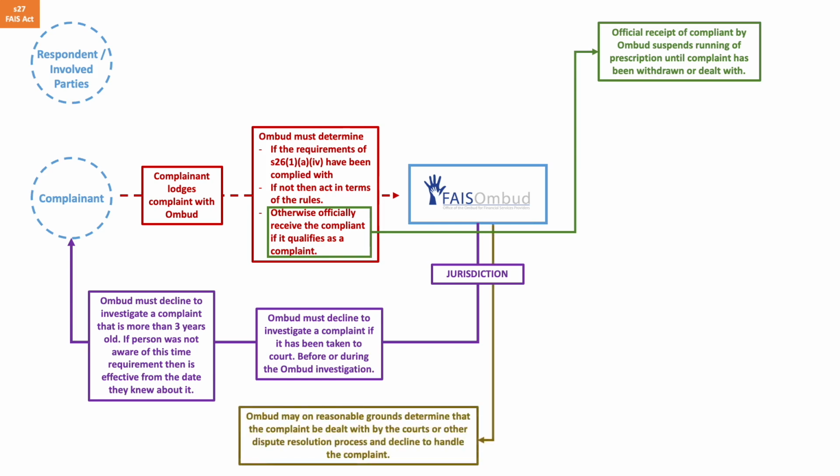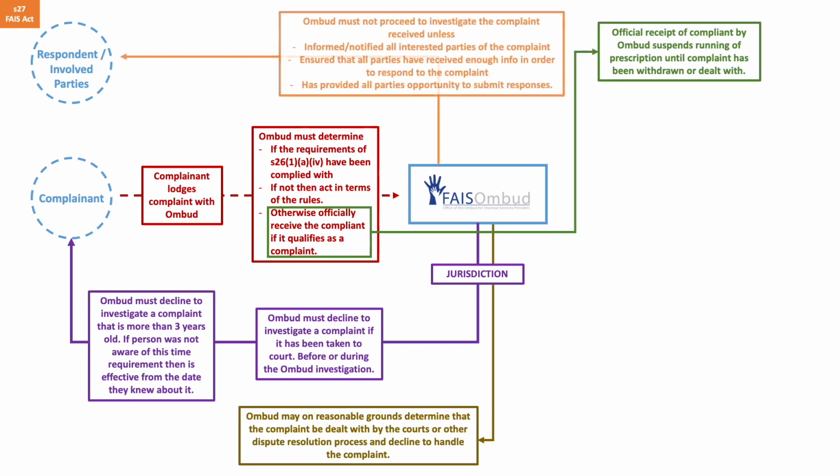The Ombud may on reasonable grounds determine that the complaint be dealt with by the courts or other dispute resolution processes and decline to handle the complaint. The Ombud must not proceed to investigate the complaint received unless A. The Ombud has informed and notified all interested parties of the complaint.